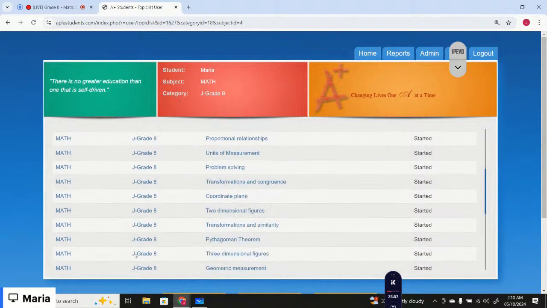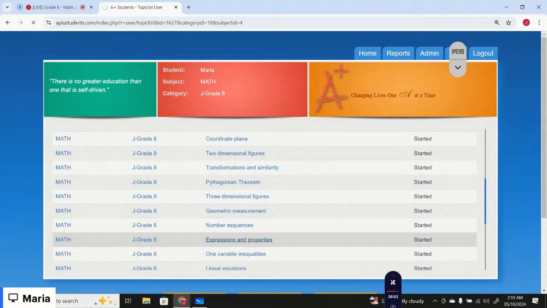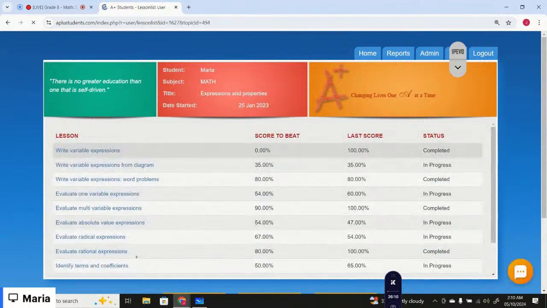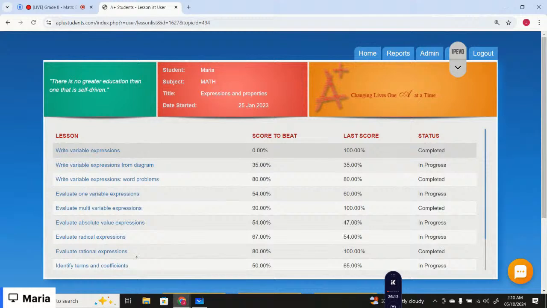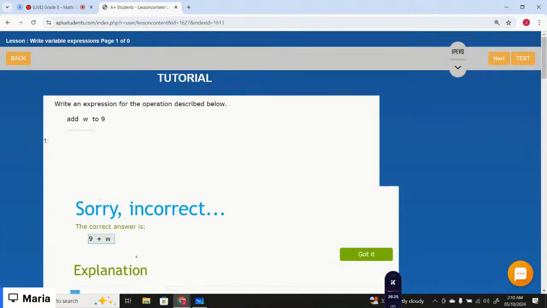Okay, so the chapter we are on is expressions and properties. Let's just start with the first lesson. Write an expression for the operation described below. Add W to 9, that is given in sentence form.